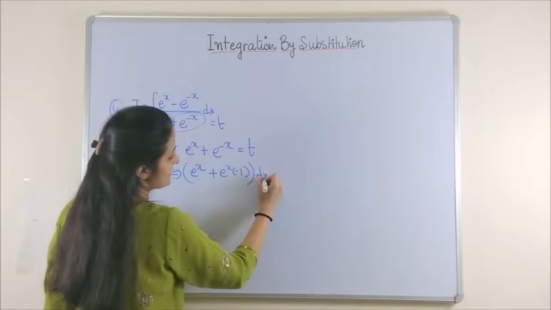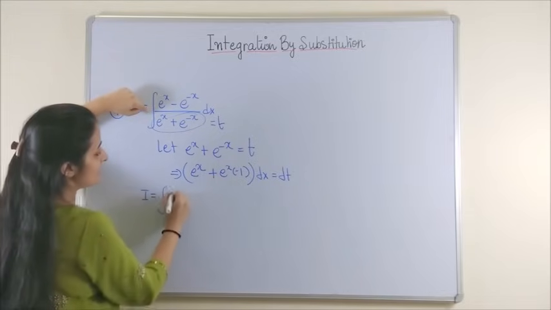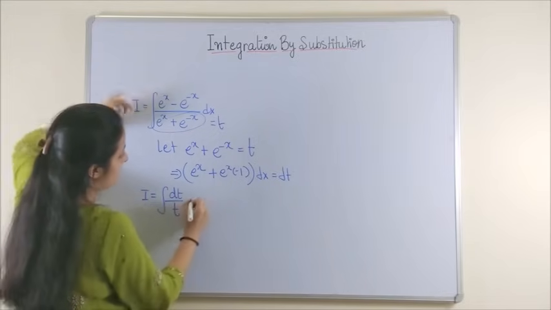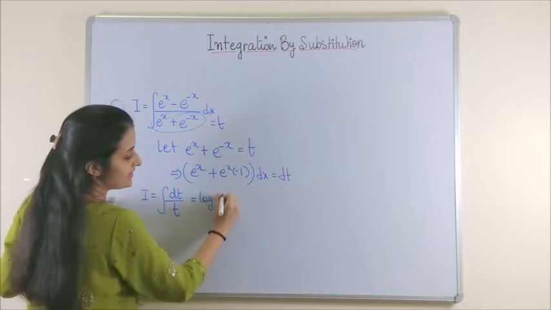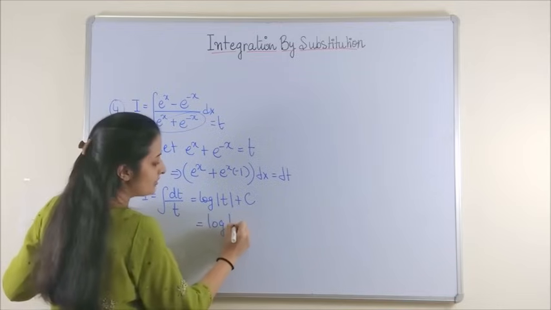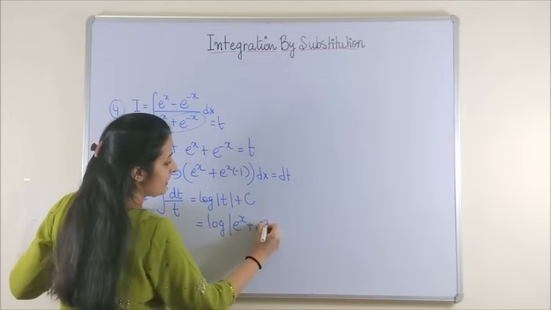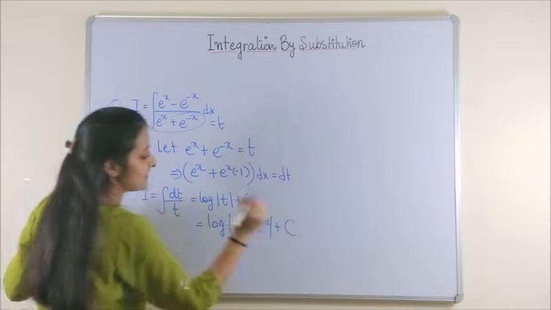Whole of dx is dt, which gives us the integral as dt by t, and once again the answer is log mod t plus c, which gives us log mod of e to the power x plus e to the power minus x plus c.